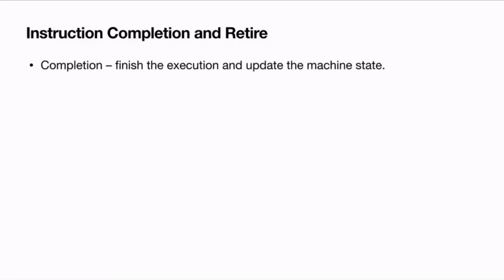Completion is nothing but finishing the execution and updating the machine state. For example, if an add instruction finishes its execution and now we write the data into the architectural register, then it is said to be complete.